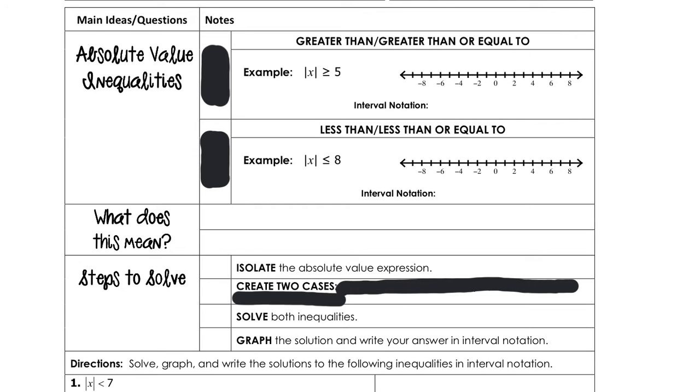If you have an absolute value that is greater than or equal to 5, what you need to know is that the absolute value inequality will state that it's OR.